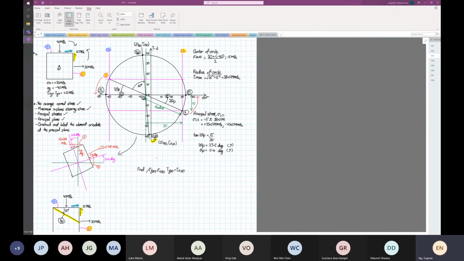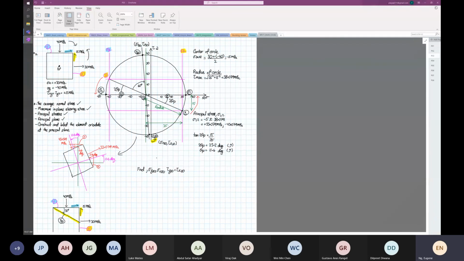Now what I usually like to do is to calculate the shear stress Y30 first. The shear stress Y30 is equal to the shear stress X30, and this will be equal to the radius of the circle, which we calculated to be 38.079, times... we don't know the angle yet. My apologies.